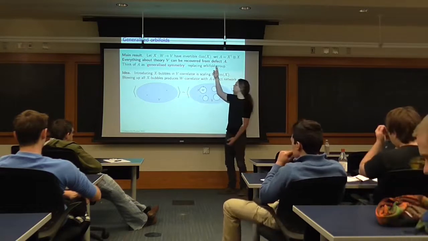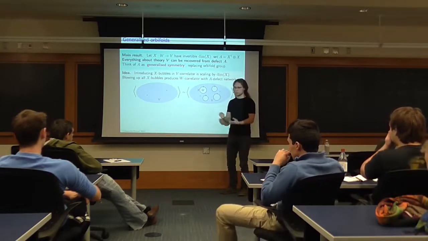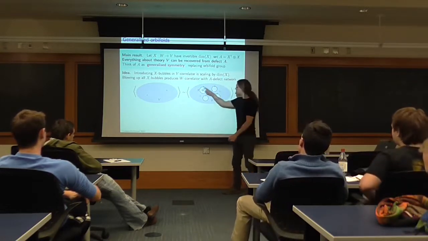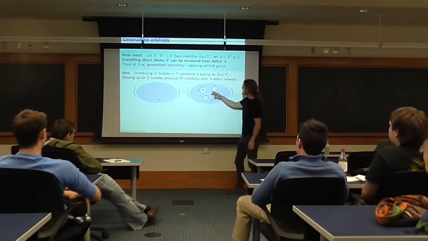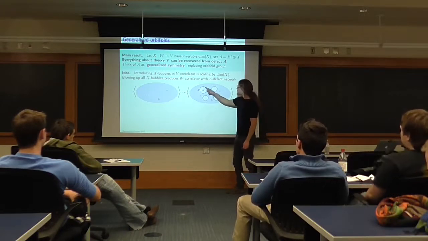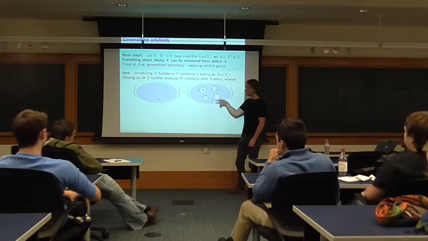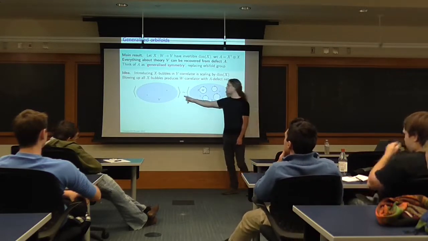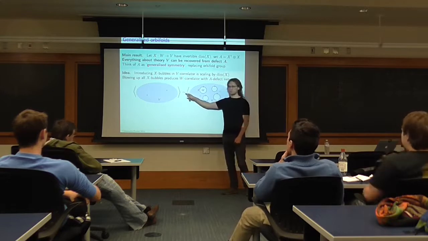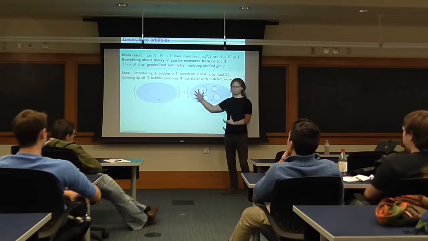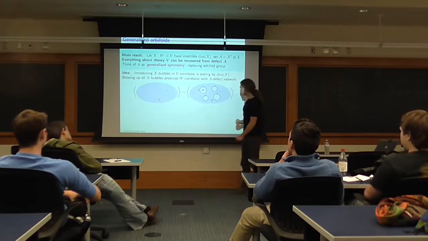Let's say the value of the quantum dimension is 2. Then if I insert 4 such islands of theory W within theory V, I get 2 to the 4. And if I keep track of the number of islands that I insert, that's just the same number. I can always keep track of this.